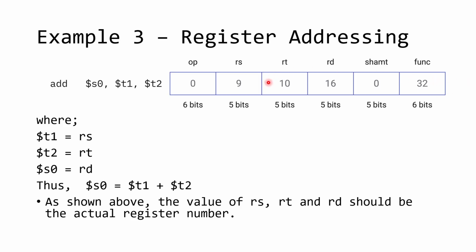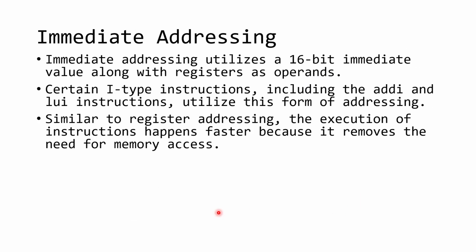Because this is a register addressing mode, the first source is RS, t1, the second source is RT, which is t2. The value is in a register ID, and then the register destination. So as shown above, the values of RS, RT, and RD should be the actual register numbers.